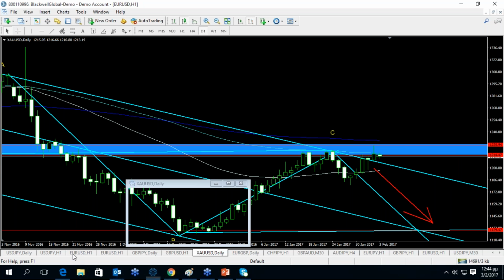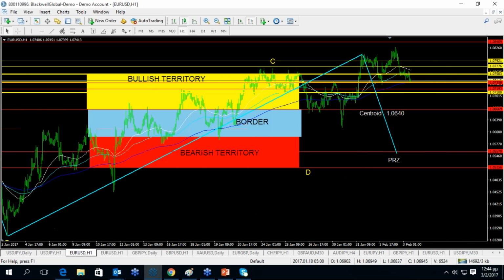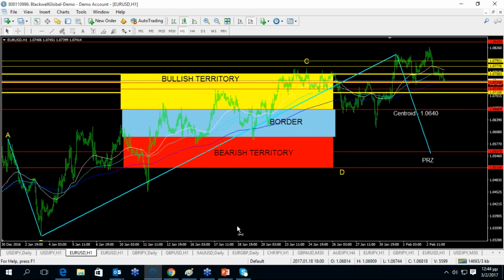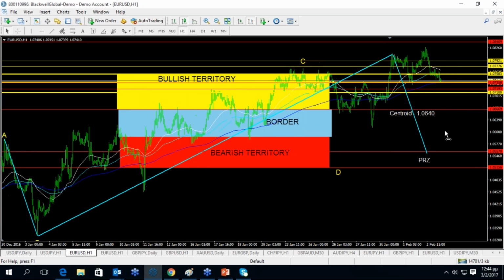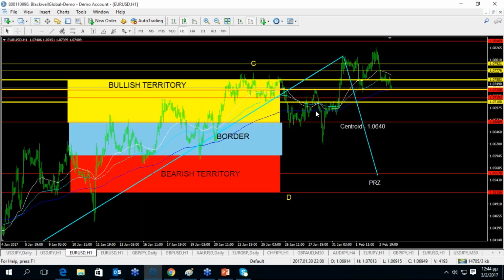Let's look into the other pairs. For the euro versus the dollar, again, I'm seeing more potential to the downside here as well, but we have got a big move expected to the downside only after it crosses this 200 moving average in blue here, under that blue area. So 1.0720 and below will give you more room to the downside for the euro versus the dollar.